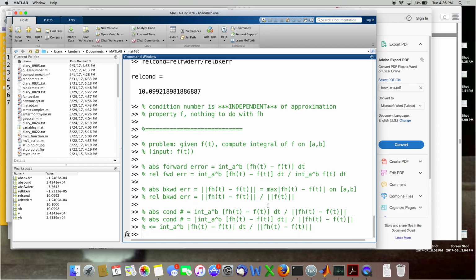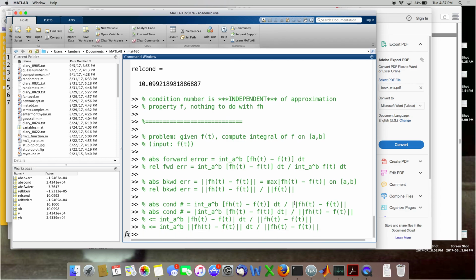Okay. Now, this is less than or equal to this because, in the double vertical bars, that's the maximum difference. So this is less than or equal to the integral from a to b of the norm, in other words, the maximum value of the difference on ab. Okay. Now, this is just a number.